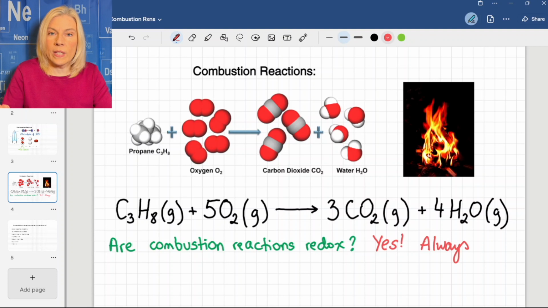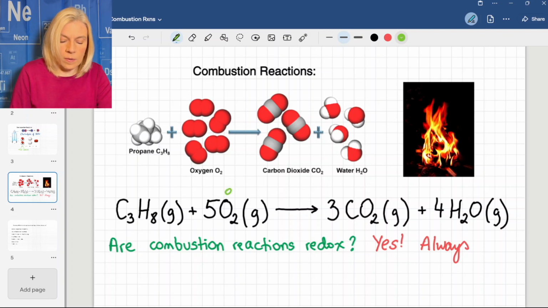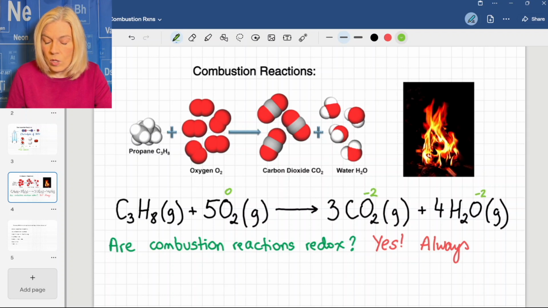And if you want to go a step further, what's oxidized and what's reduced? We have to quickly look at our oxidation numbers. So oxygen is 0, here it will be -2, and here it will be -2. So oxygen gained electrons. So oxygen here is reduced. Now we have to quickly figure out what was oxidized. So carbon charge here is +4, and hydrogen charge is +1.